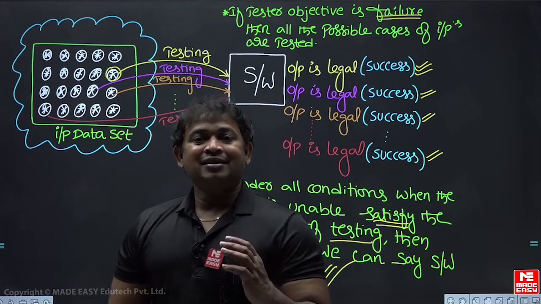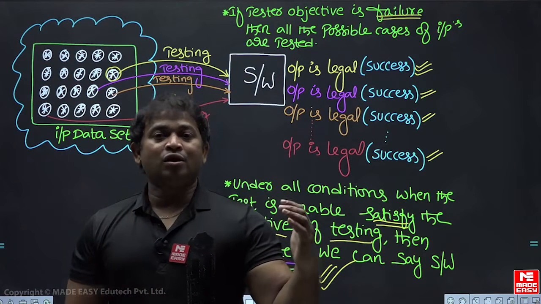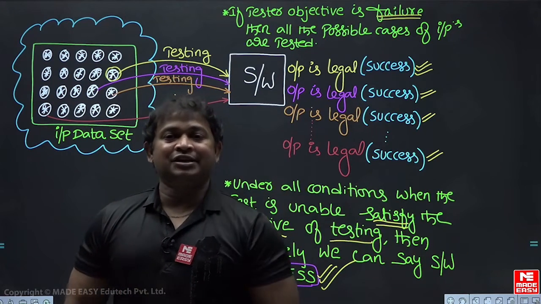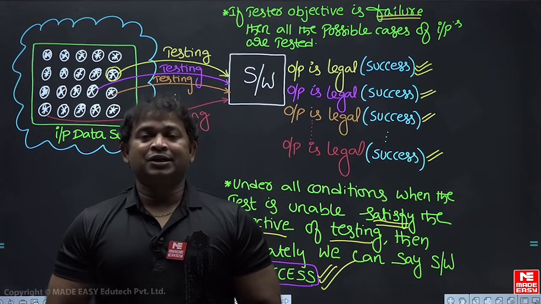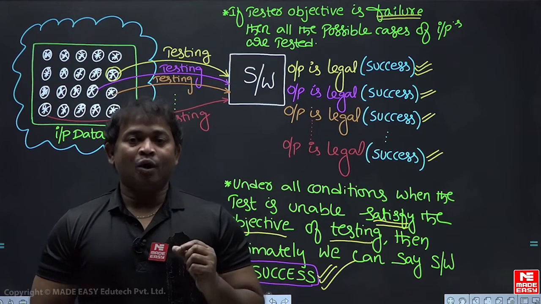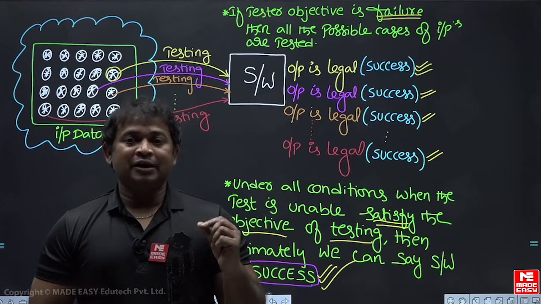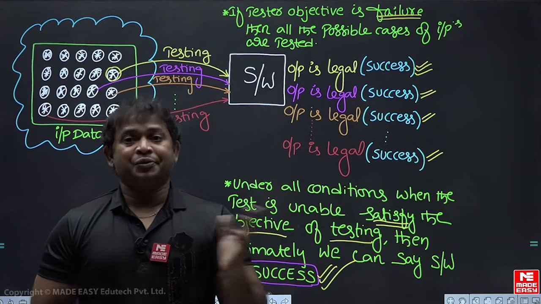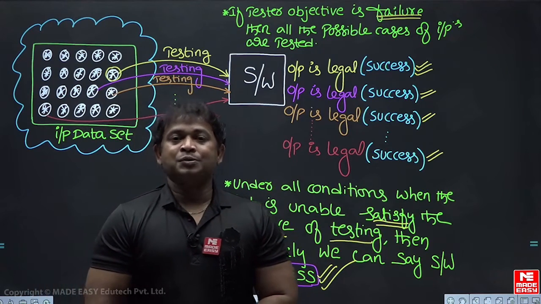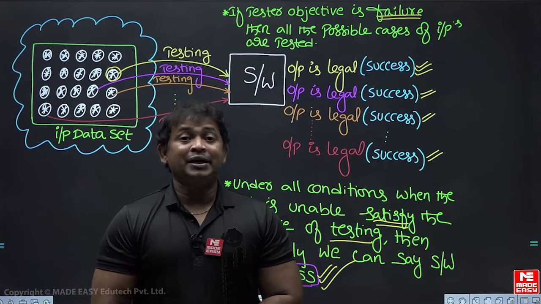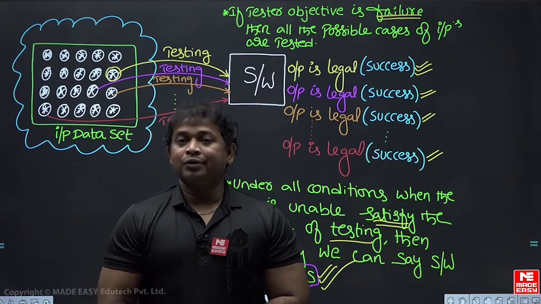When the tester is unable to reach the goal, ultimately the system's goal is reached. So the testing team's objective is to prove to what extent the system can fail. If this is the objective, all possible inputs are examined without overlook.